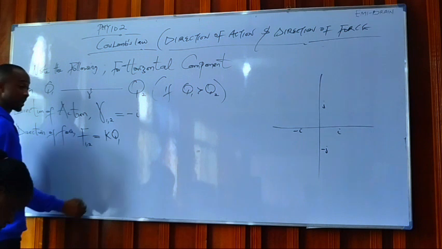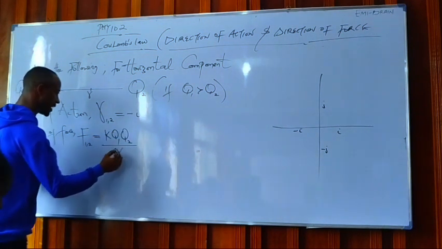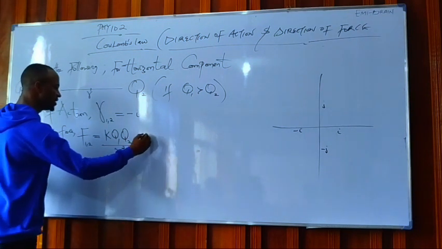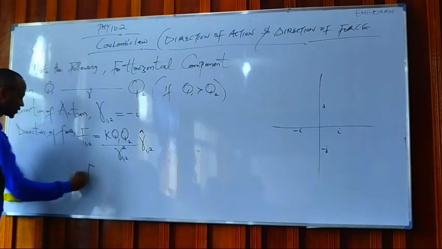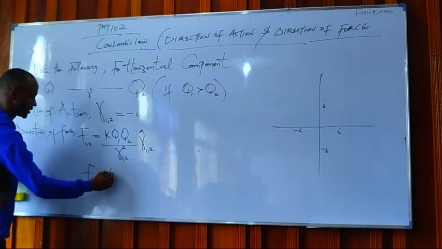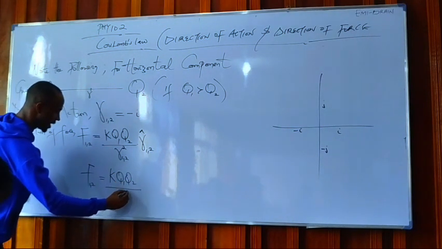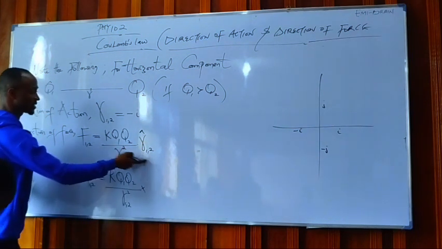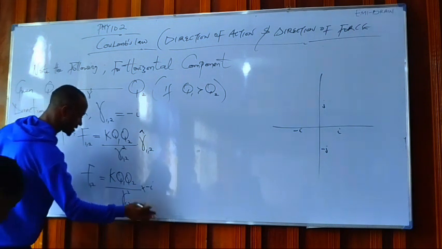K Q1 Q2 over R squared 1, 2 multiplied by the unit vector of 1, 2. So F12 equals K Q1 Q2 over R squared 1, 2 multiplied by the direction of action, which is minus I. This is my answer for this.